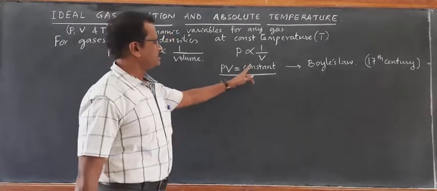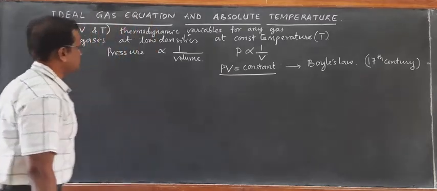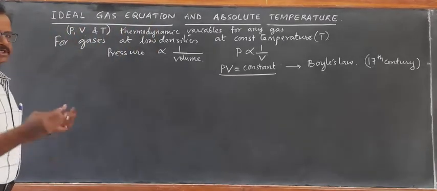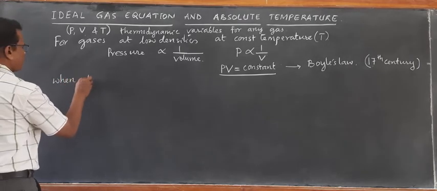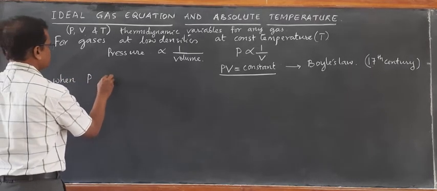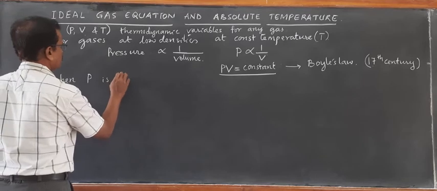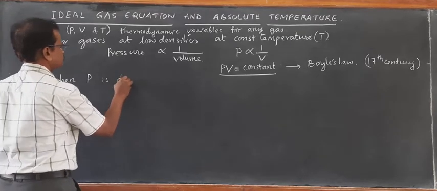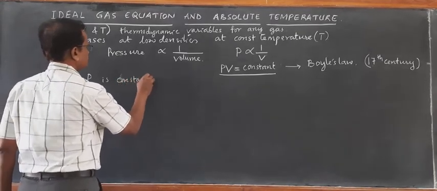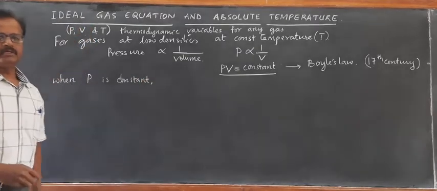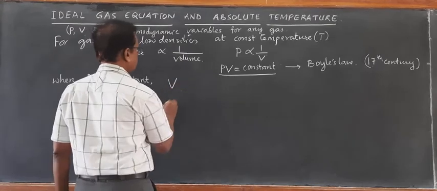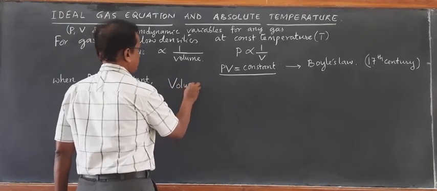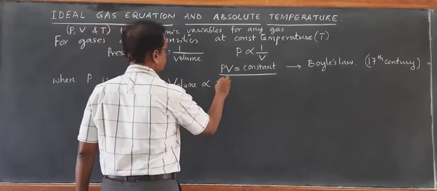The product PV is equal to constant. In the same way, when pressure P is constant, it is interesting to note that the volume is found to be directly proportional to temperature.